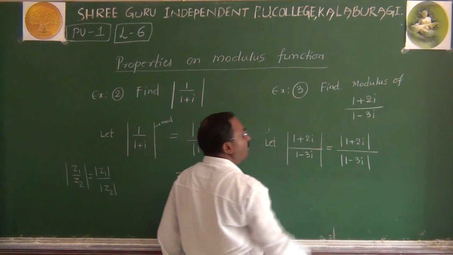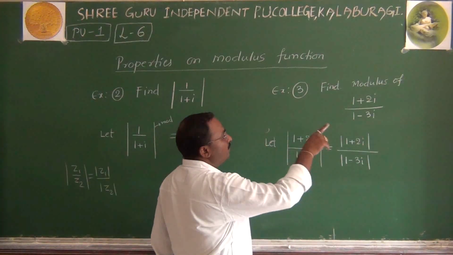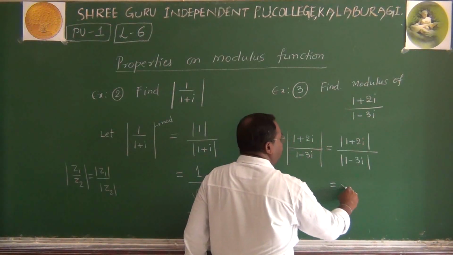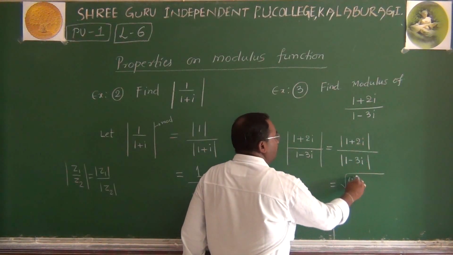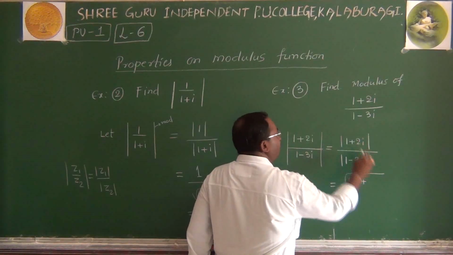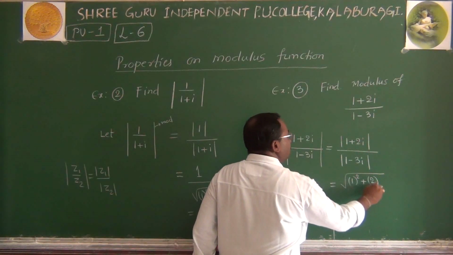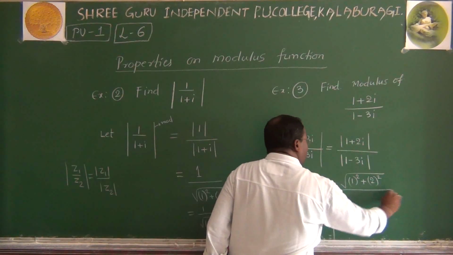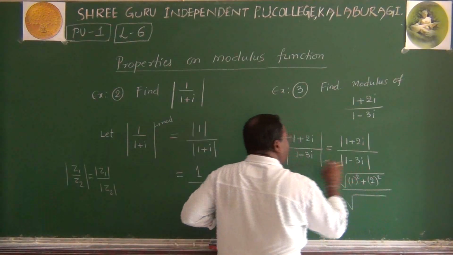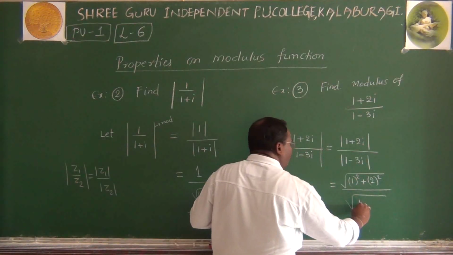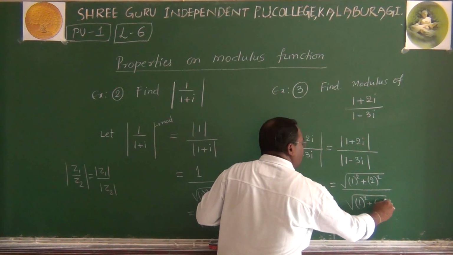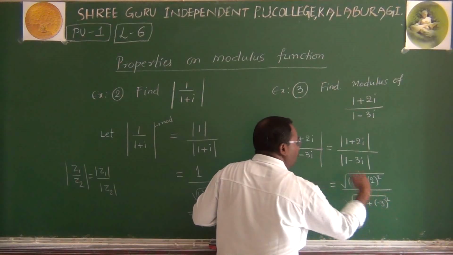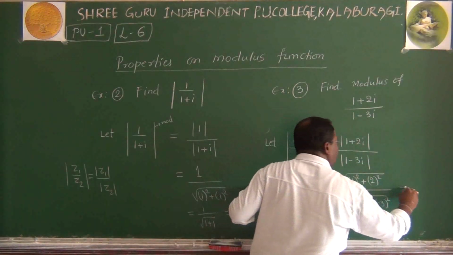We know the modulus definition is the square root of the real part square plus the imaginary part square. The real part is 1, the imaginary part is 2. For the denominator, the real part is 1, the imaginary part is minus 3. A negative square is always positive.